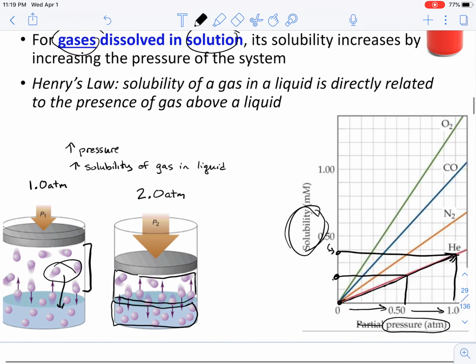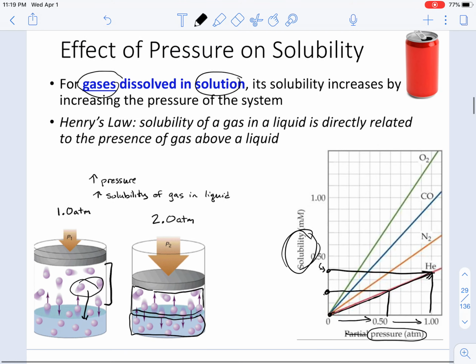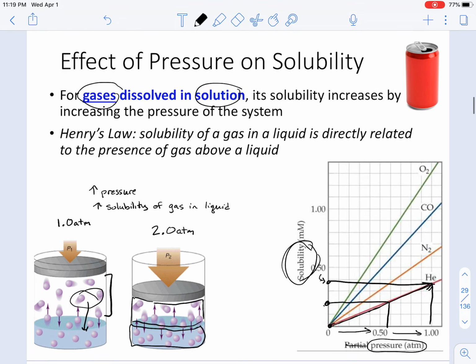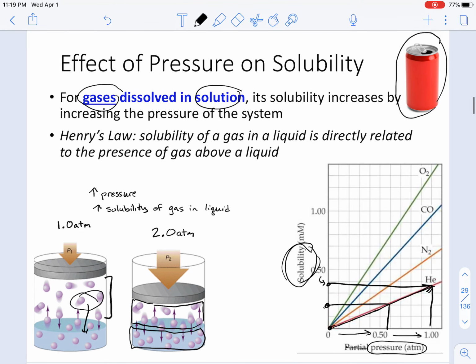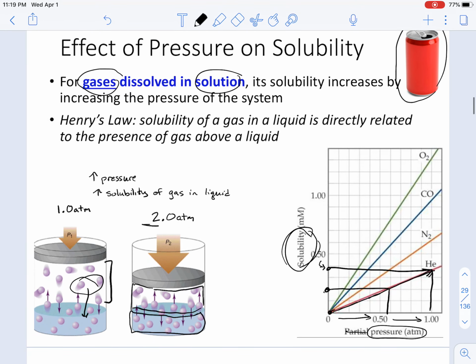And so this is something that's actually been taken advantage of in terms of industry. And so this is the reason why I put a little soda can up here. And so one of the ways that your soda becomes fizzy is by increasing the pressure of the system.